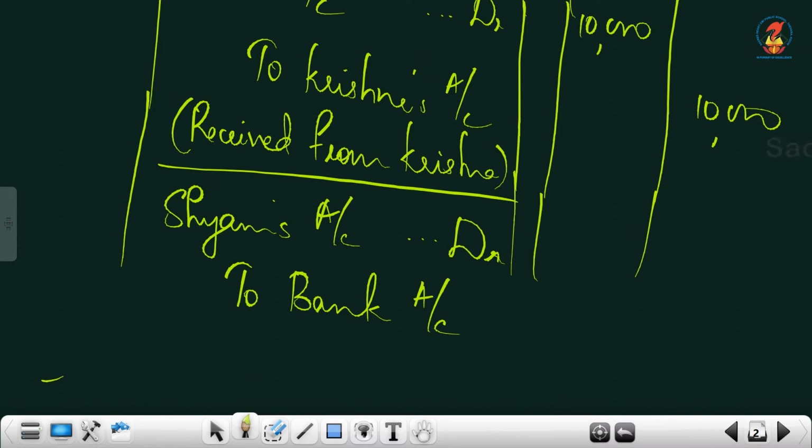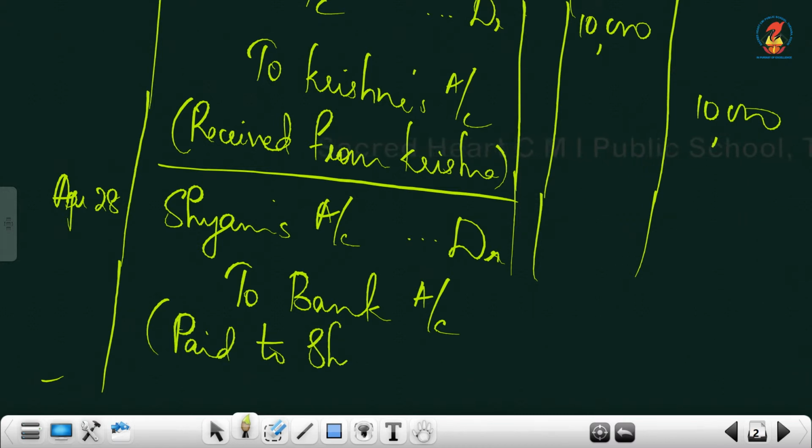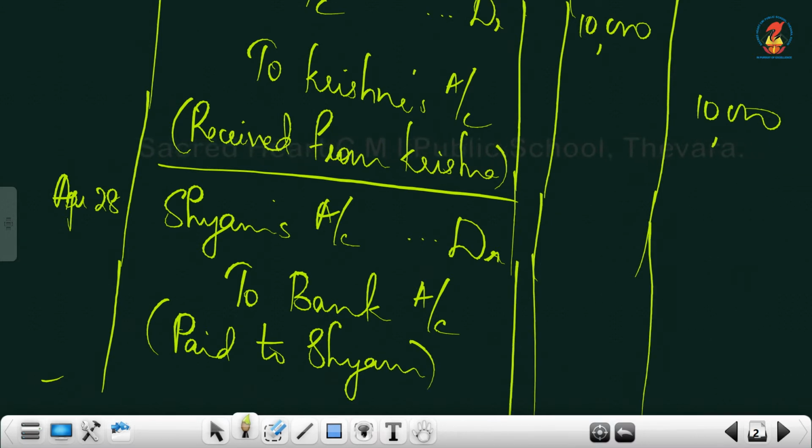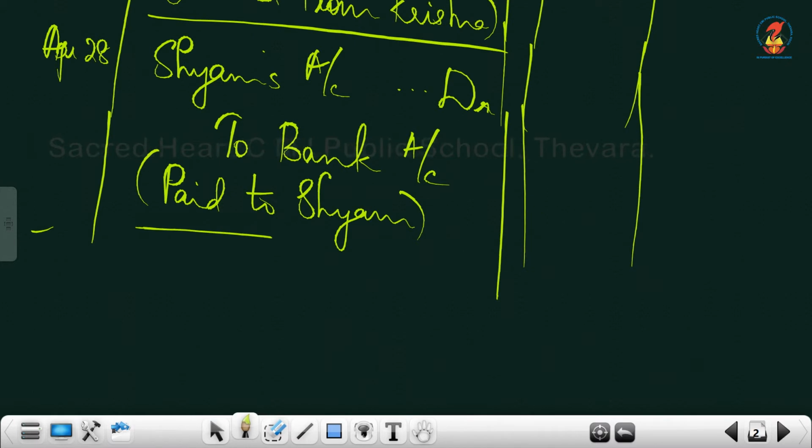And here the date is April 28th. You write paid to Shyam. If you want, you can write by check also. This is enough. How much are we paying to Shyam? 22,500.